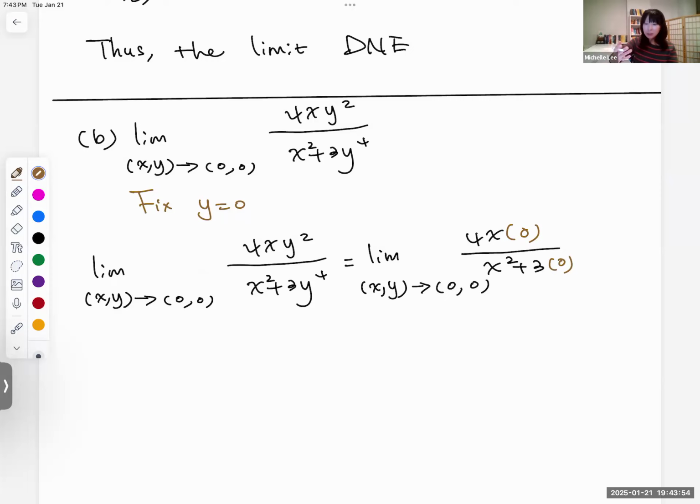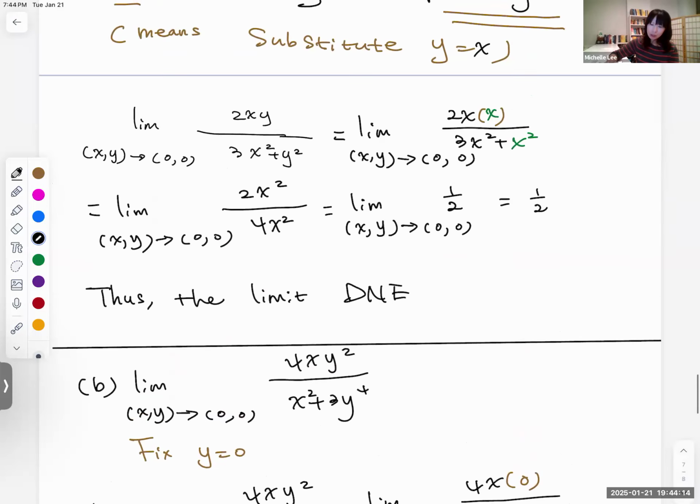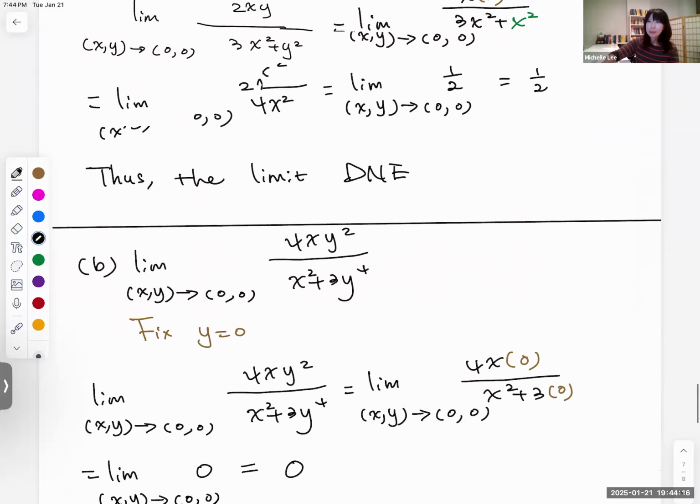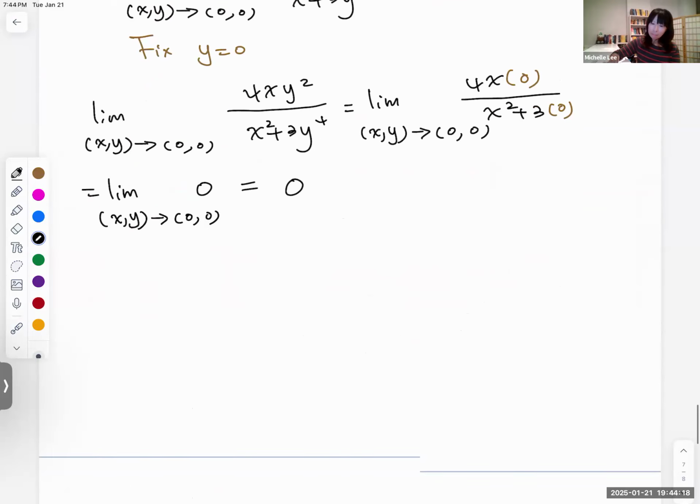The numerator is 0 over x squared, which is 0, so the limit as x, y approaches 0, 0 is 0. Okay, how about this? Since we showed that earlier with y equal to x, let's do a different way.